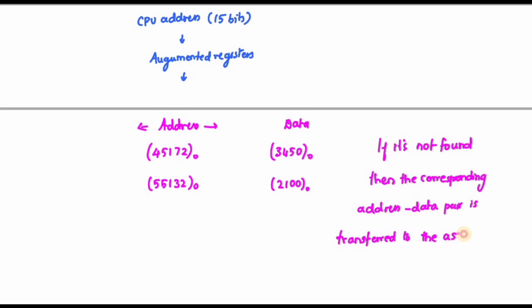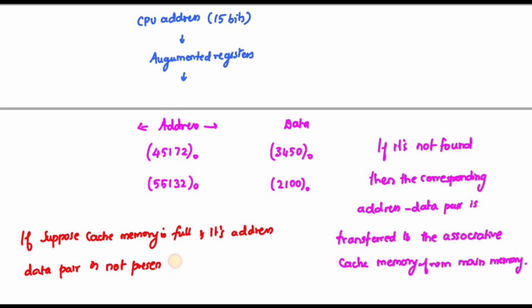Suppose the cache memory is full. Then an existing address-data pair must be displaced to make room for a pair that is needed but not present in the cache. The decision as to which pair is replaced is determined by the replacement algorithm that the designer chooses for the cache.